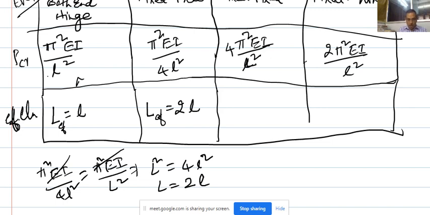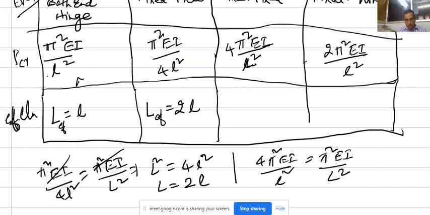Similarly, for the third condition, fixed and fixed, I get 4 pi square E I by l square equal to pi square E I by capital L square. Always I am comparing with the ideal column.